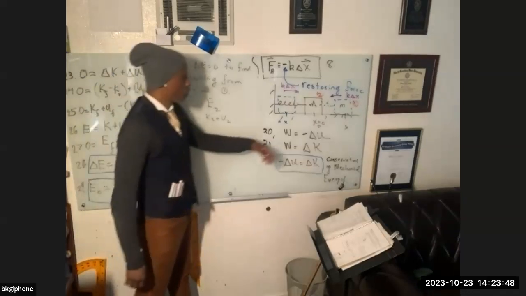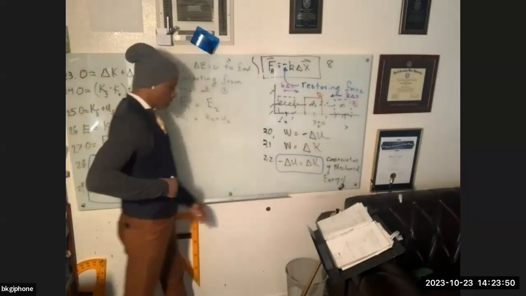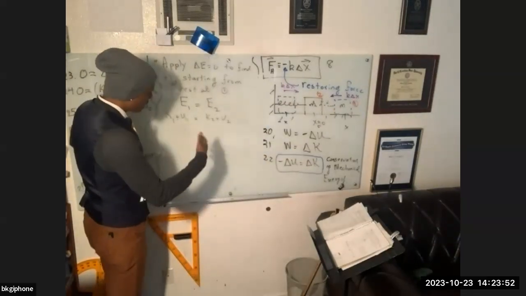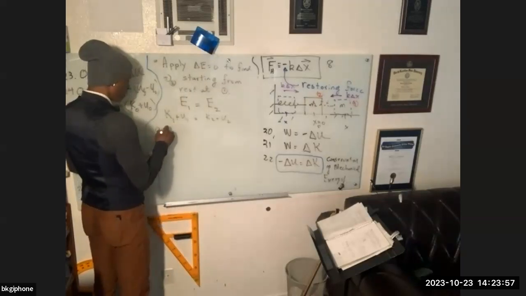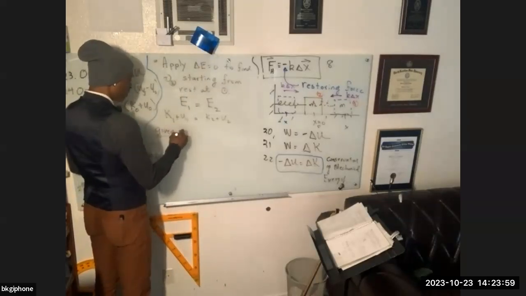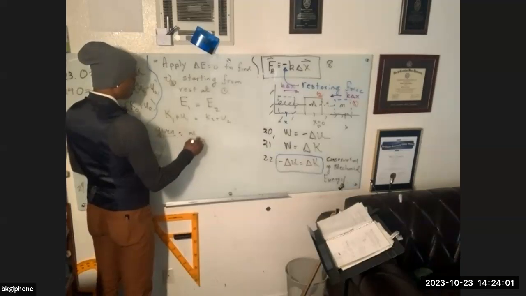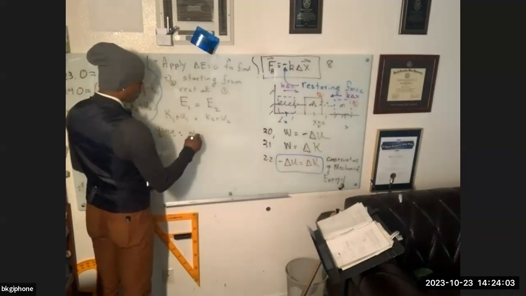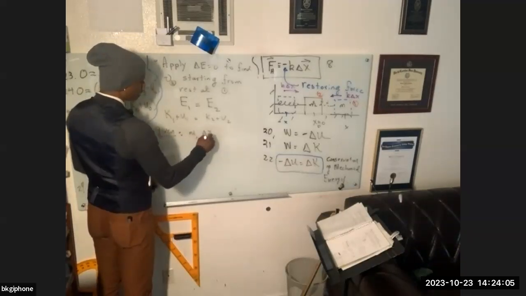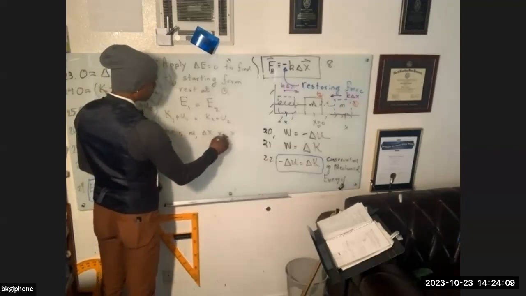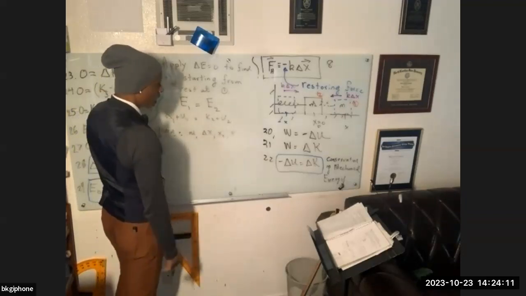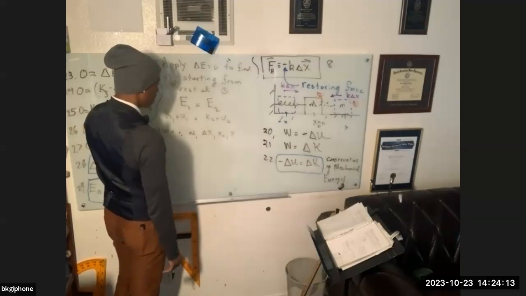What's known? We know the mass of the system. We know basically delta X, so we know X naught and X. And that's it, explicitly.